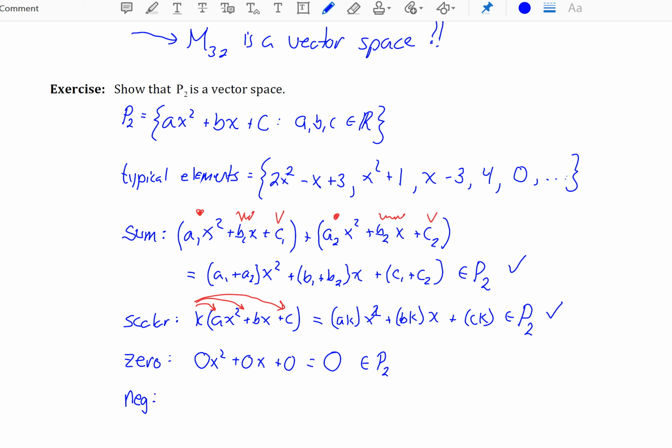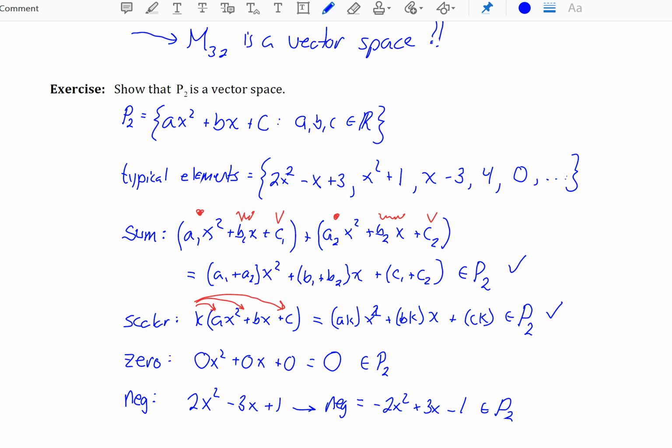So for example, if I were to give you the polynomial 2x squared minus 3x plus 1, then you'd be able to say the negative would be negative 2x squared plus 3x minus 1. And the sum of these two vectors would equal 0. And this is an element of P2.